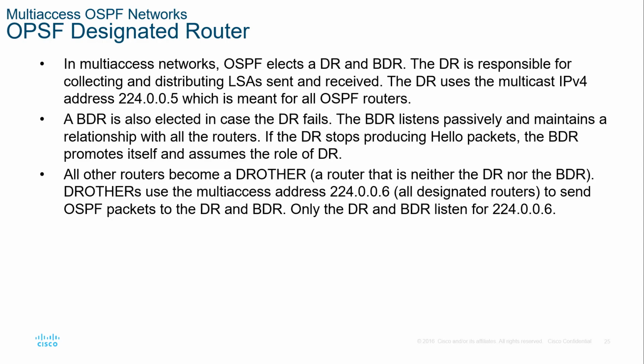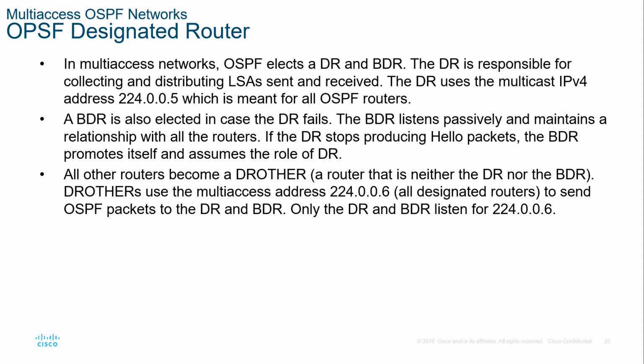If you are not a DR or a BDR, you will be known as a DR other. This is essentially a router that's classified as an other than designated router. And DR others will use the multicast address of 224.0.0.6.